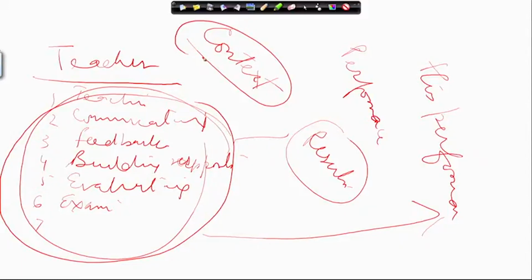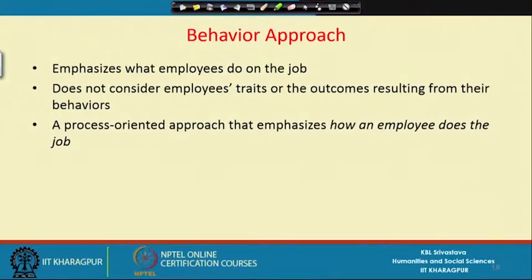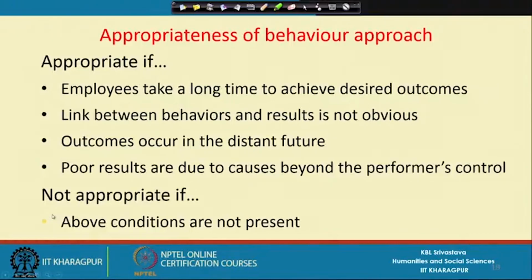So, what I mean to say here is that when we are going to talk about behavior, we need to ensure that these things are present, right, and that is what I have been talking about, the behavior approach. So, it is a process through which an employee is doing a job which results in a certain outcome, but it does not talk about the outcome as such, right. Moving on to look at whether the behavior is appropriate or not.